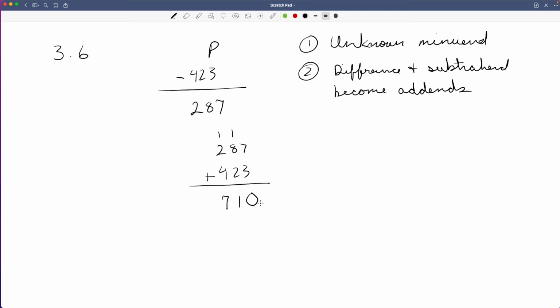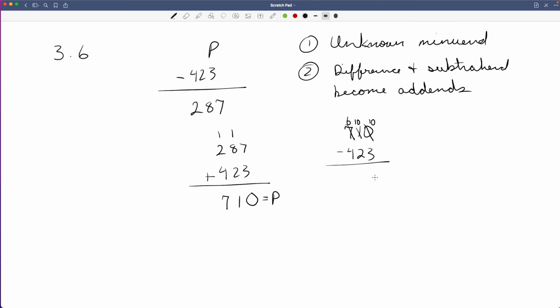So we can check our work by putting this is equal to P. So let's put this in where P is and see if it works, right? See if the answer checks out. So 710 minus 423. Let's see if we get 287. So we have to borrow, make this 10. This would be 0. This would be 6 to make this 10.